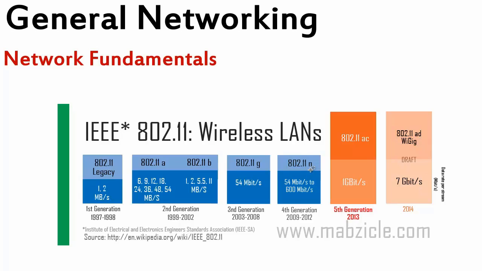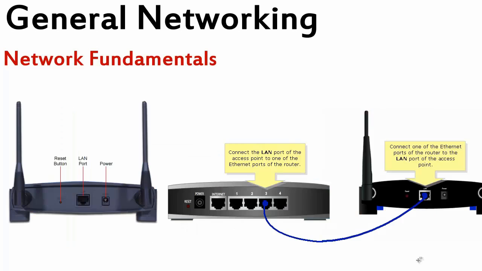In most cases, if you go to the next standard, it is backwards compatible. It has been like that. I hope they will keep it. Of course, if you go for 802.11n and you have a laptop that supports, let's say G, you should not expect to get 600 megabits per second. It is backwards compatible, which is good news.